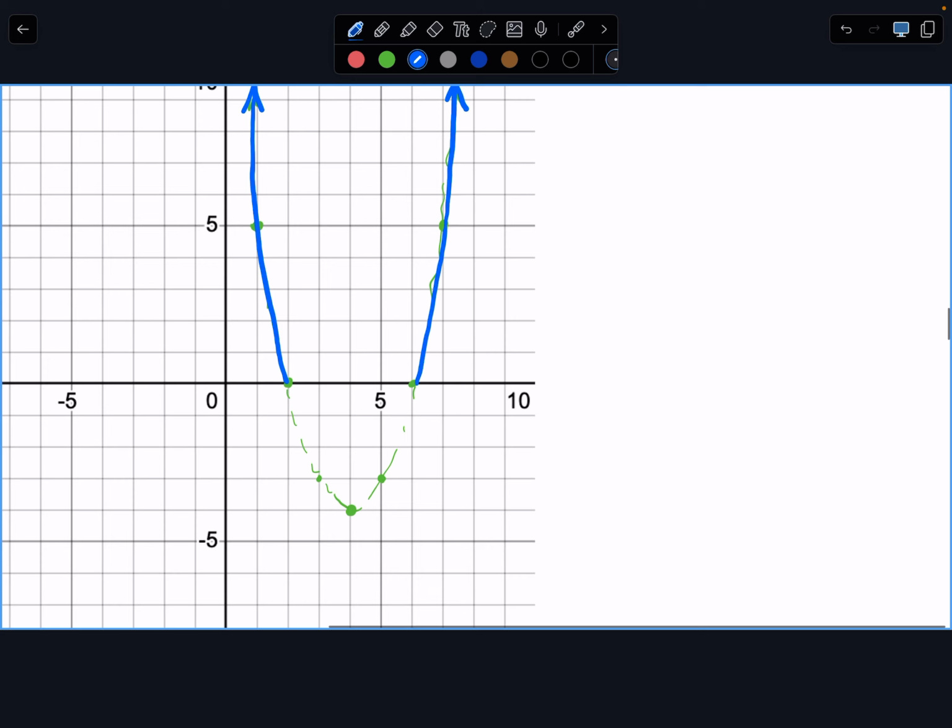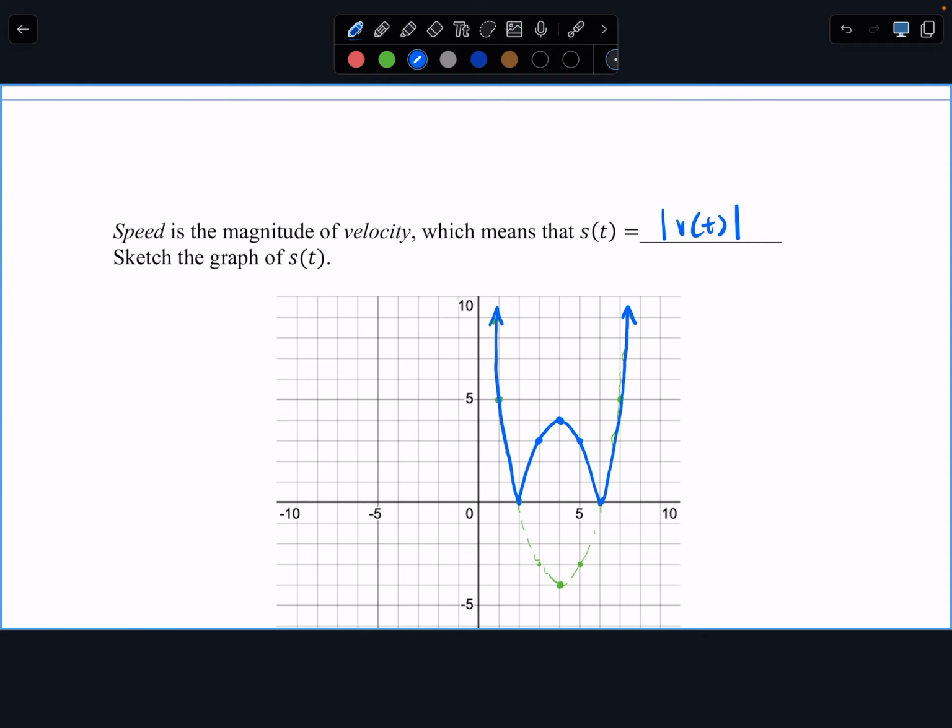But all of these negative values get reflected across the x-axis, or the t-axis in this case. So this is what the graph of s of t would look like. Are we okay with that?